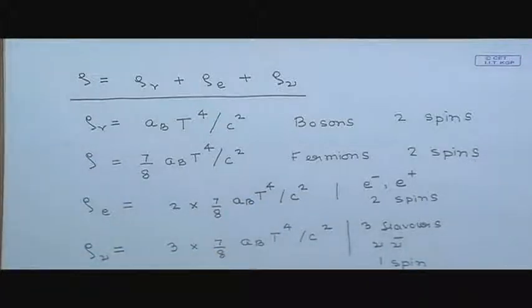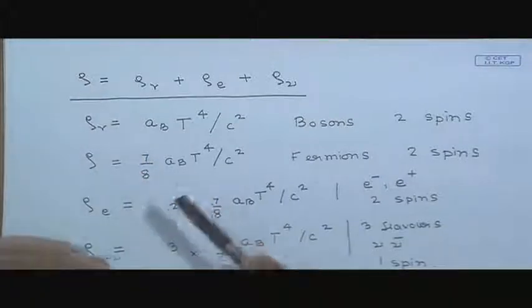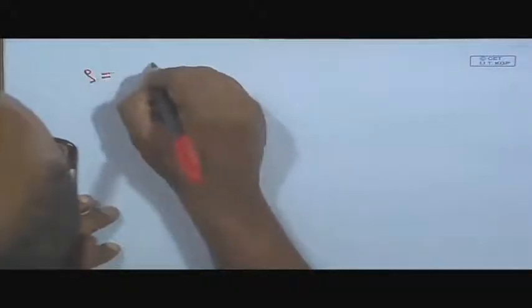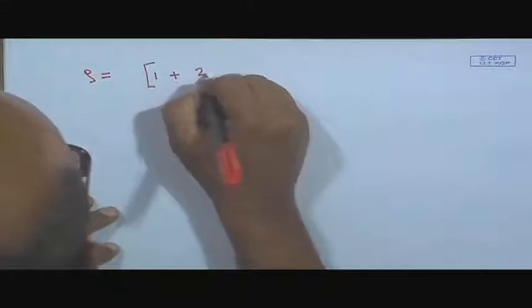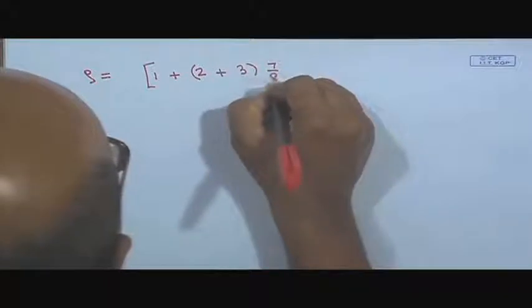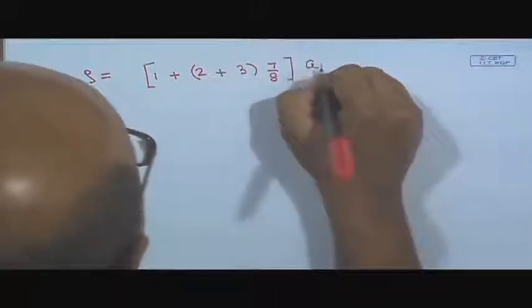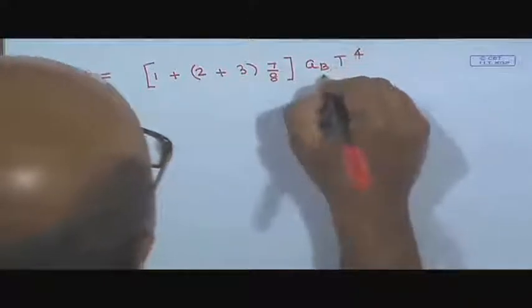So, let us calculate the total energy density. The total energy density rho is equal to 1 plus 2 plus 3 times 7 by 8 times the Stefan-Boltzmann constant times T to the power 4 by c square, and this is equal to 43 by 8.